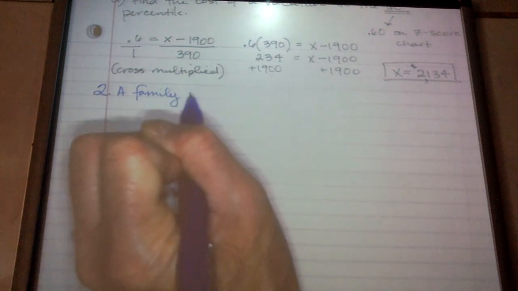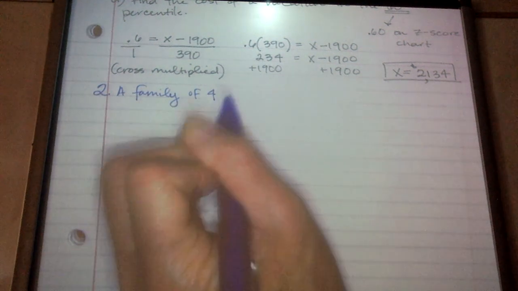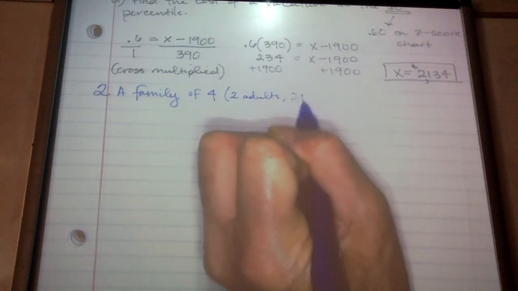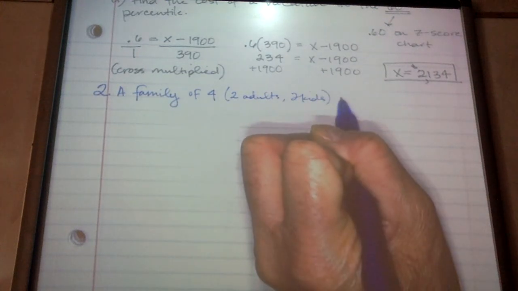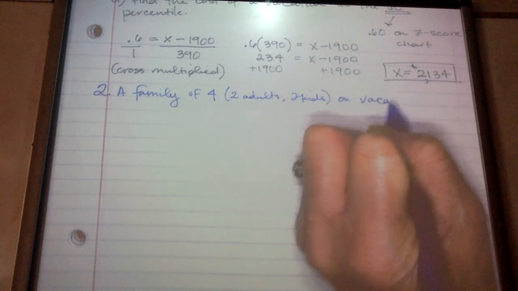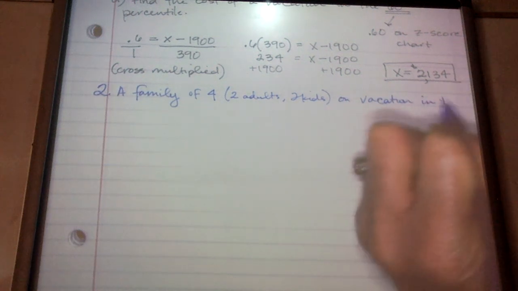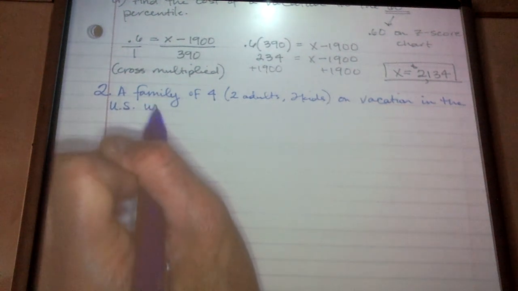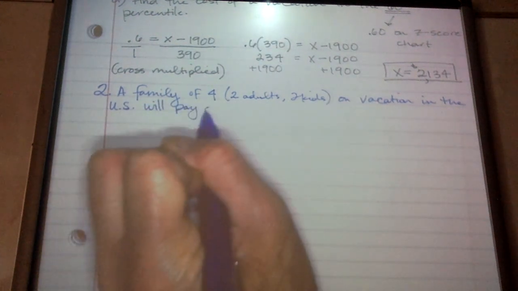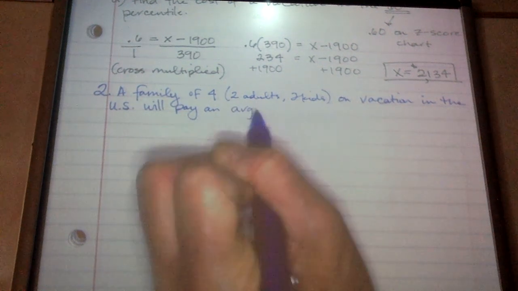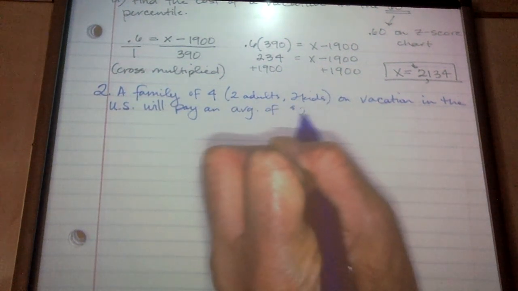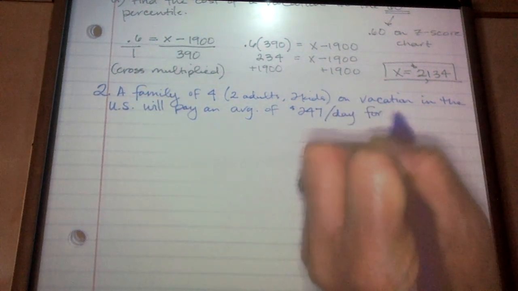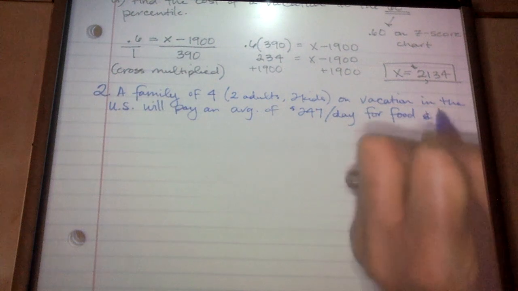So a family of 4, that would be 2 adults, 2 kids, on vacation in the United States, will pay an average of $247 per day for food and lodging.